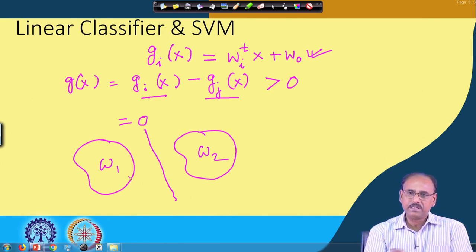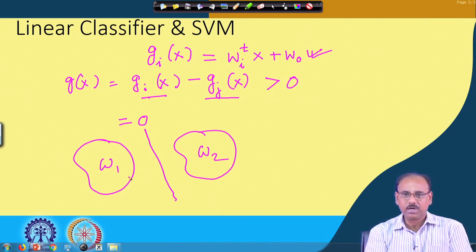That means the samples belonging to class omega 1 and omega 2 are linearly separable. And while designing the linear classifier, we did not really think about the distribution of the vectors belonging to class omega 1 and class omega 2. We simply assumed that they are linearly separable.